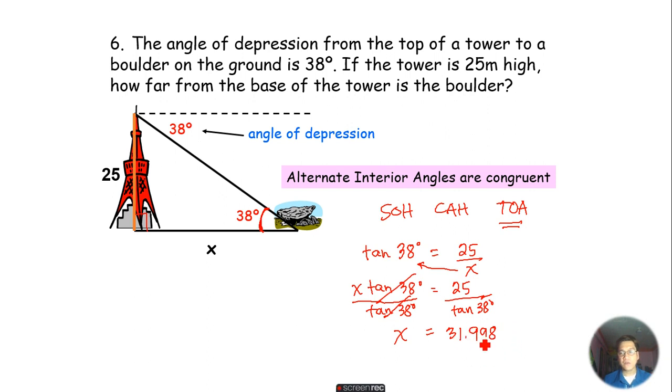If we round this off to 2 decimal places, it becomes 32.00, so 32. Our value for x is 32. So that's our answer. How far from the base of the tower is the boulder?